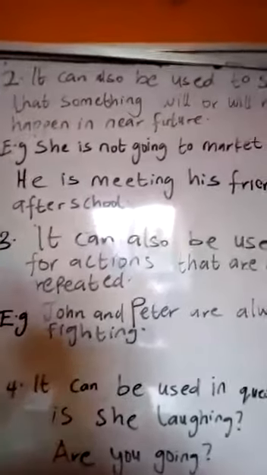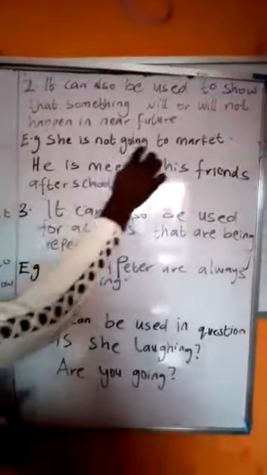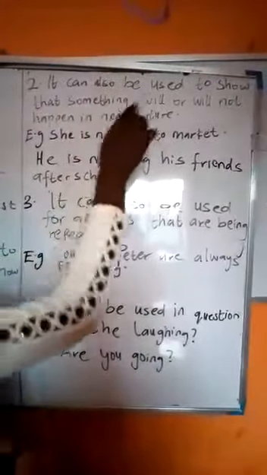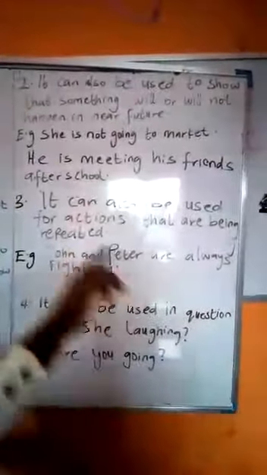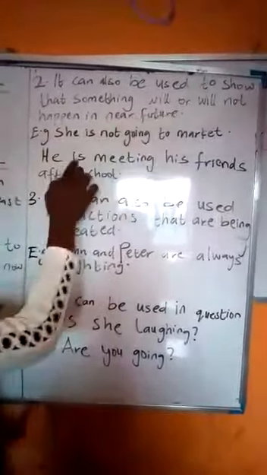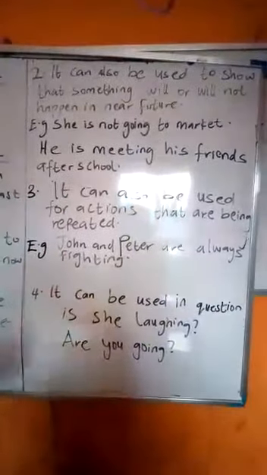Fine. Okay, let's look at some of the examples. She is not going to market. Okay, present continuous. It is indicating that it will not take place. She is not going to market.